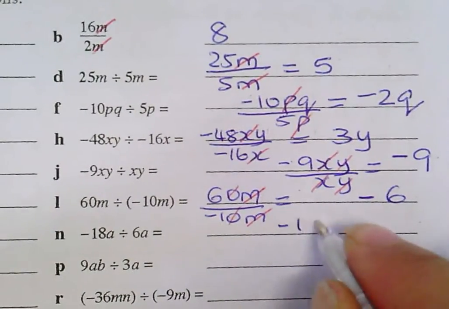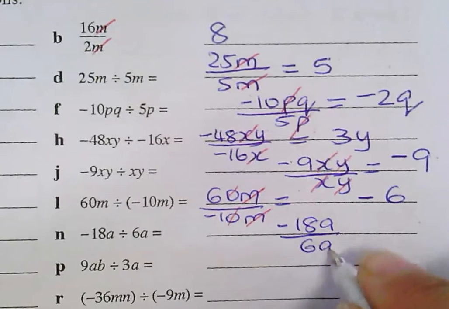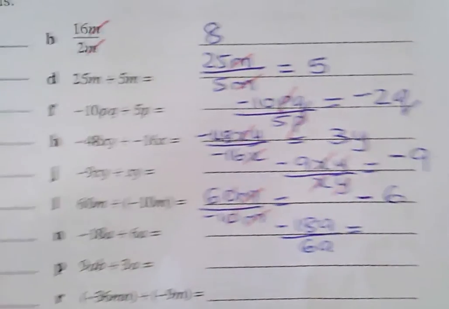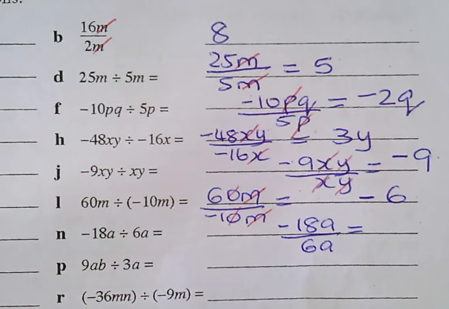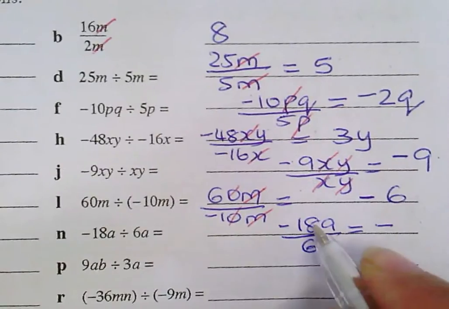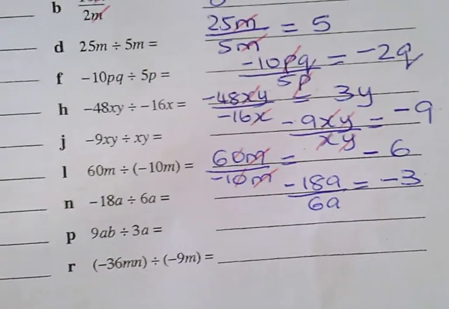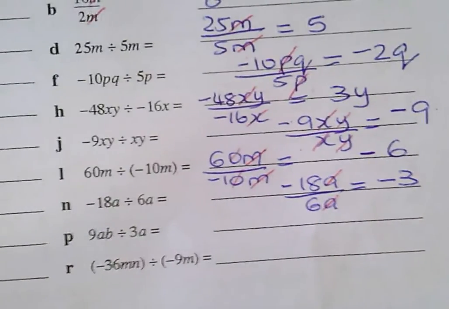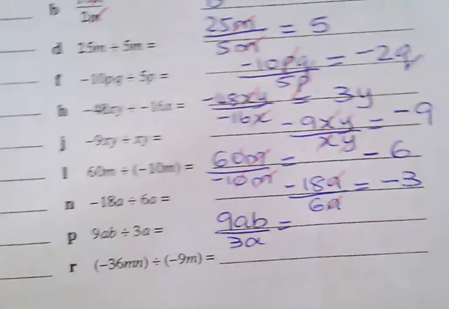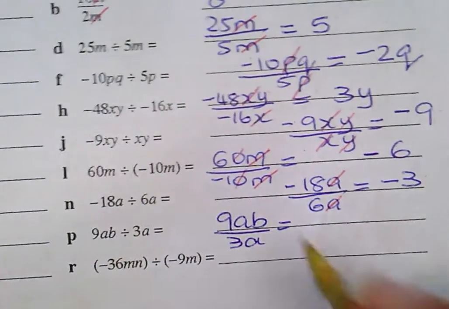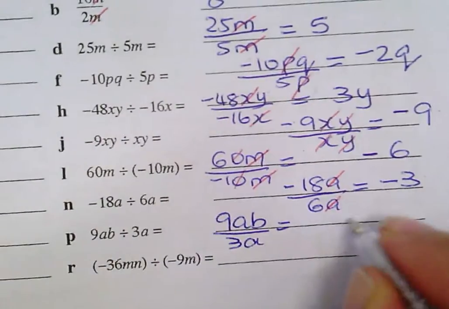Right. Negative 18a over positive 6a. So look what I'm doing. I'm working out whether it's negative or positive first, doing my numbers next, then doing my letters. So it's a negative. 18 divided by 6 is 3, and the a's cancel. 9ab over 3a. All right, do your numbers first. 9 divided by 3 is 3.